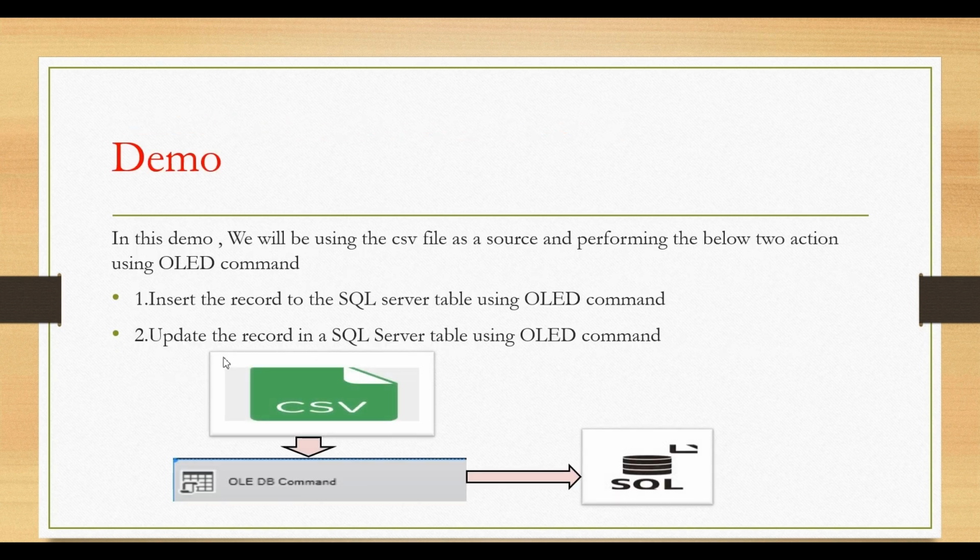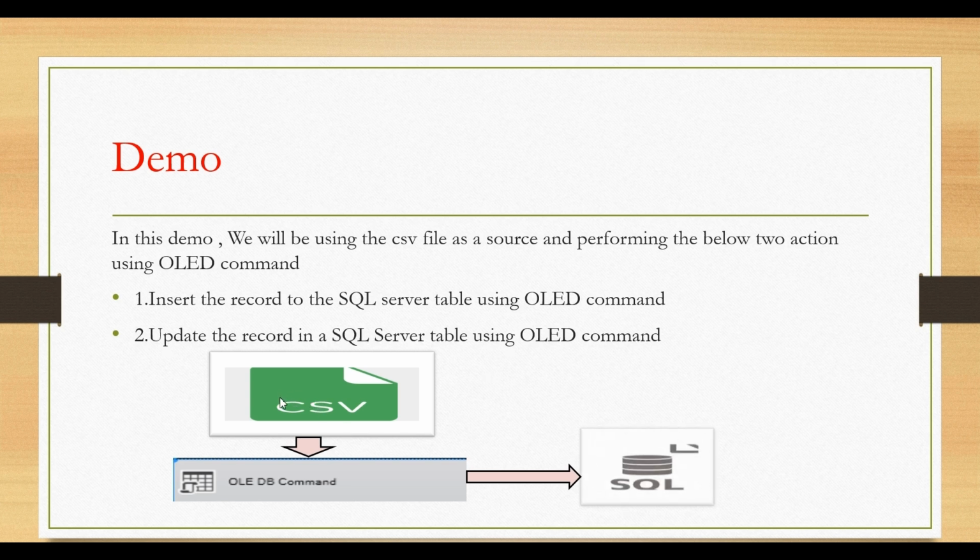In the demo, we will use a CSV file as the source and perform two actions: inserting records into a SQL Server table and updating records in a SQL Server table.